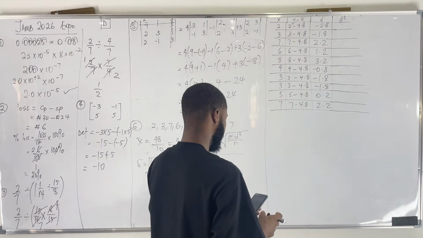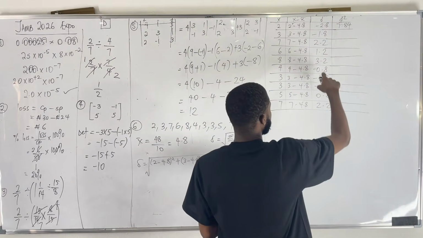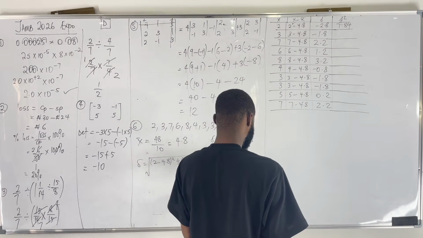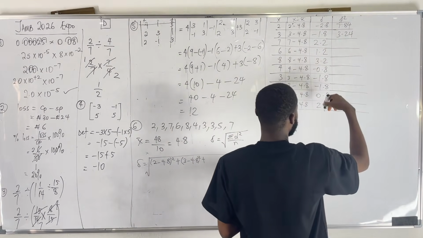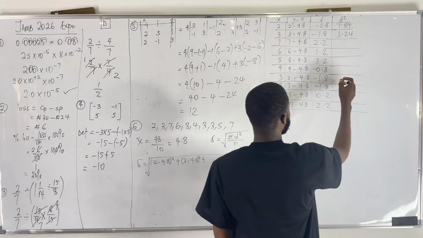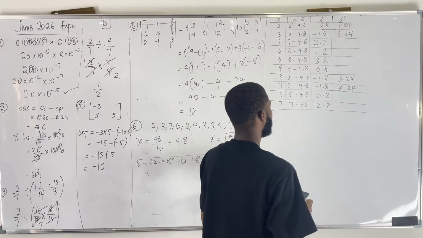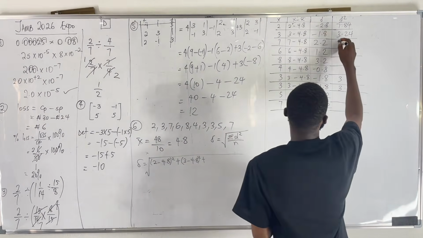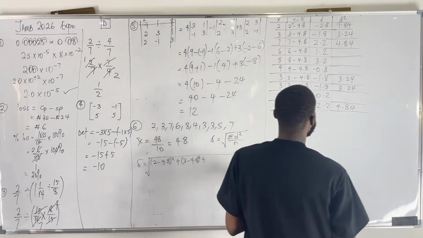2.8 squared is 7.84. Let me see if there's another 2.8. No other one. Okay. 1.8 squared, 3.24. So this is 3.24. No other 1.8. Okay, 3.24, 3.24. All right. Then 2.2 squared, 4.84, 4.84.